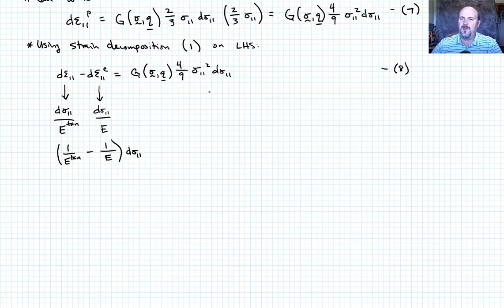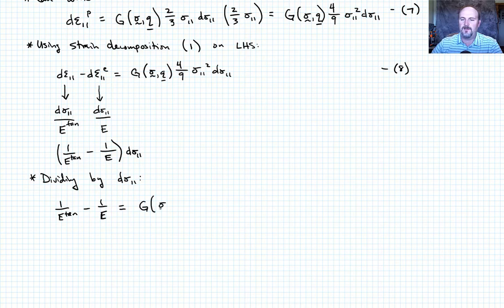So now we can divide by d sigma 1,1, and what we end up with is 1 over E tan minus 1 over E is equal to G as a function of sigma and Q, 4/9 sigma 1,1 squared.